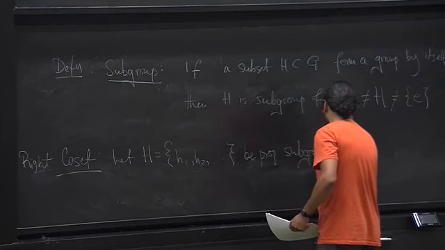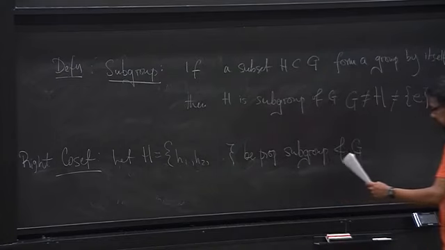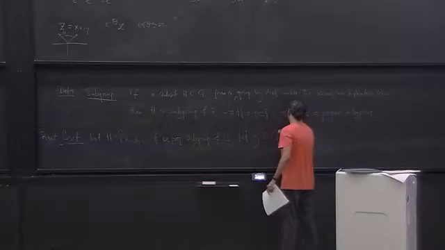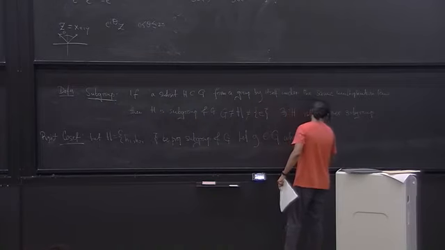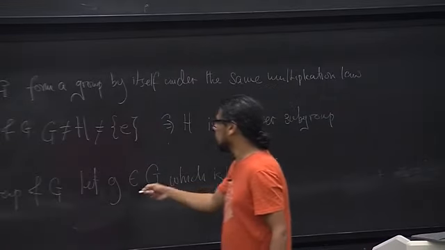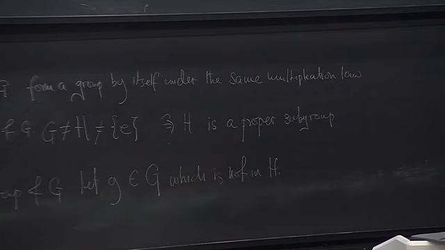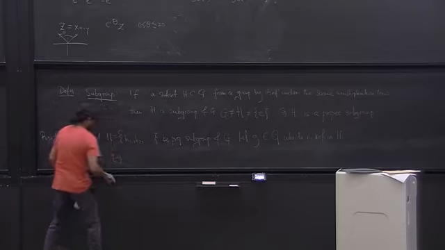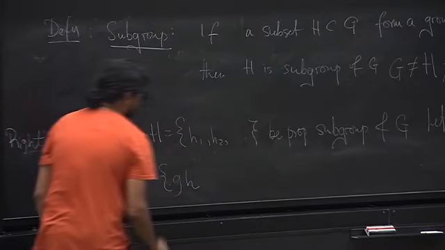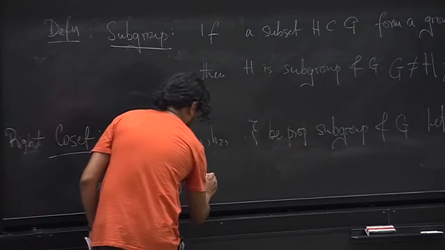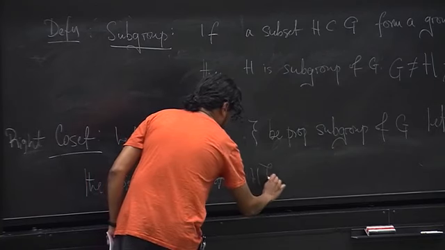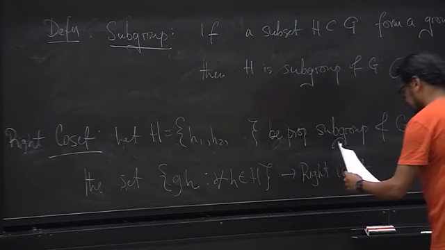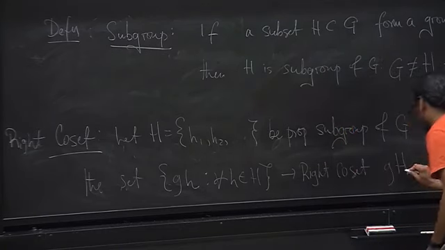Then let g be an element in big G which is not in H, so it's in the complement of H within G. Then form the set where we right multiply g by all the elements in H. Now this set is called the right coset, and it's written like this.